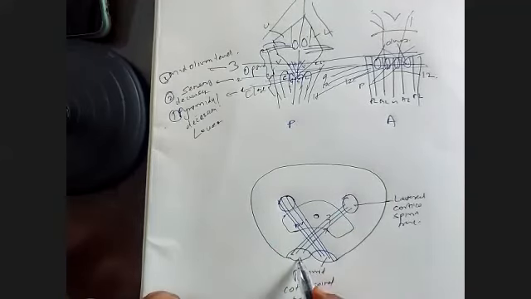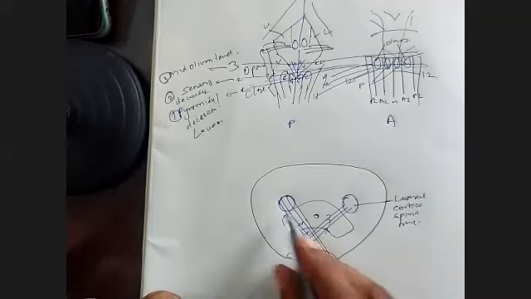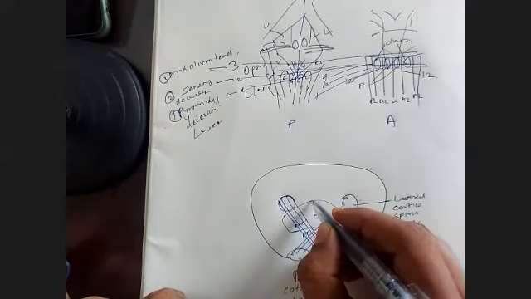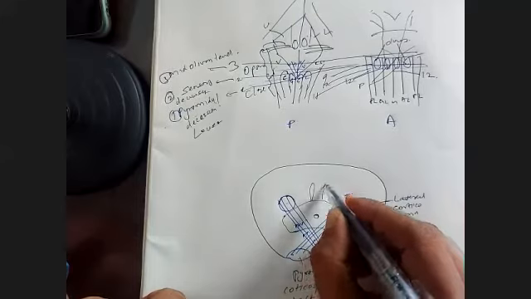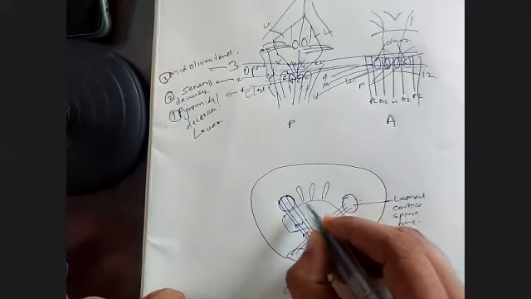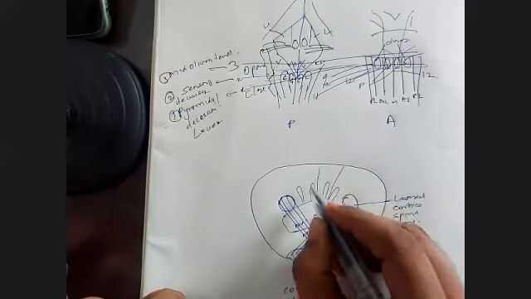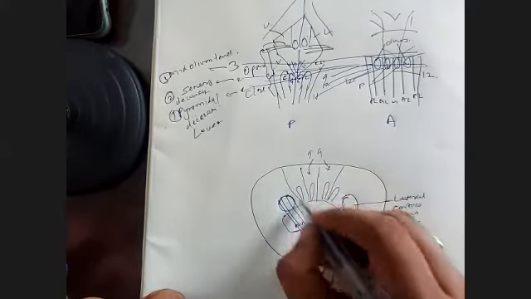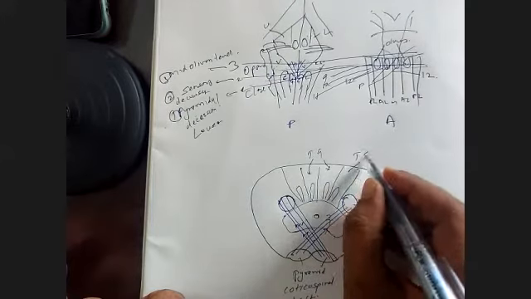From the pyramids, the fibers go to the opposite side. Then posteriorly here, there is the gracile nucleus and the cuneate nucleus. So this is the tractus gracilis and then the tractus cuneatus.